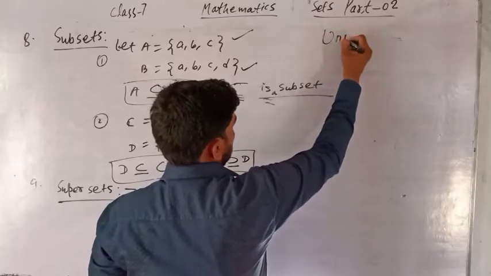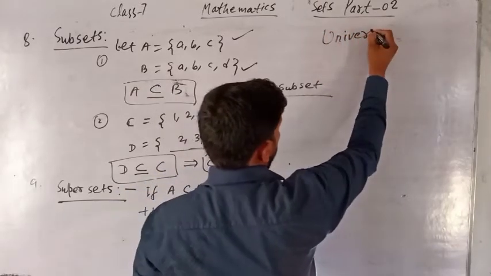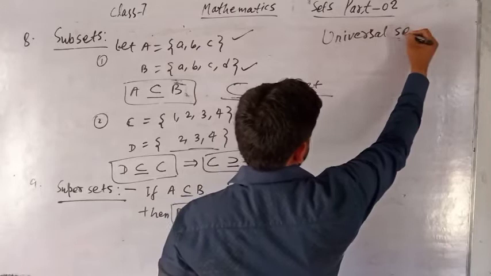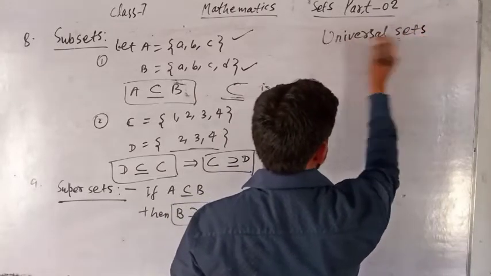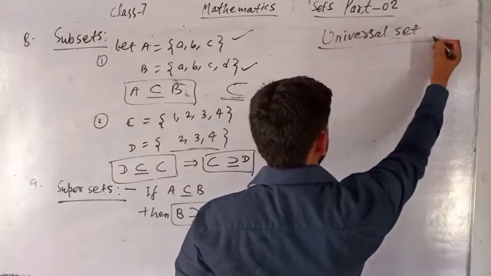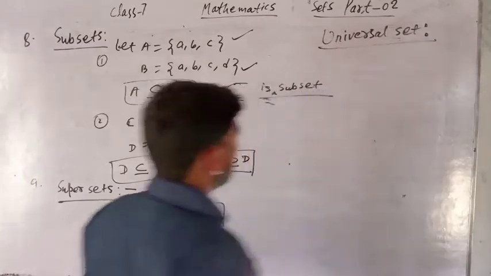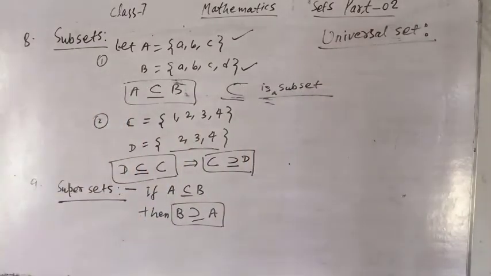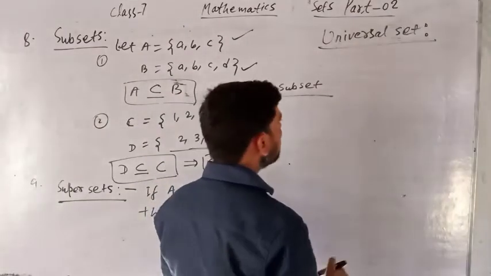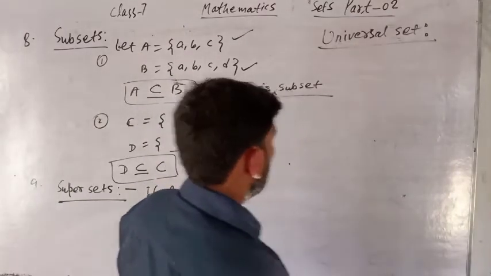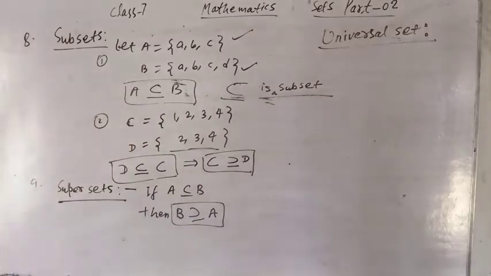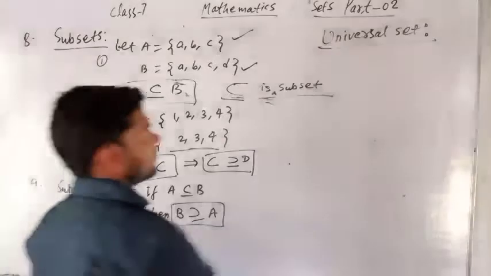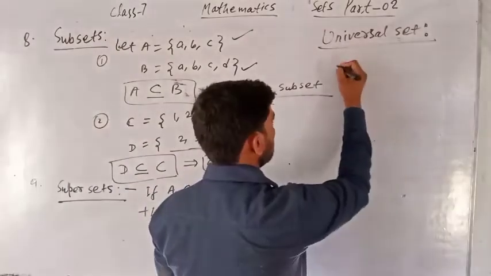Now, universal set. A set having one or more subsets is known as a universal set.